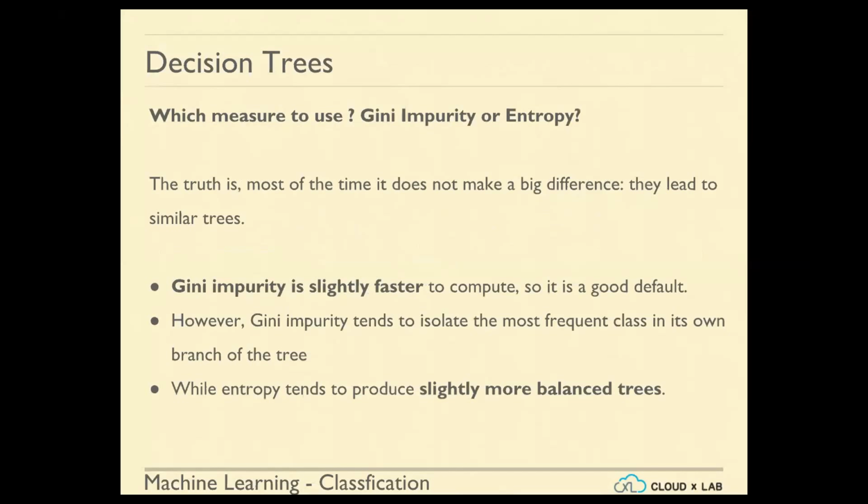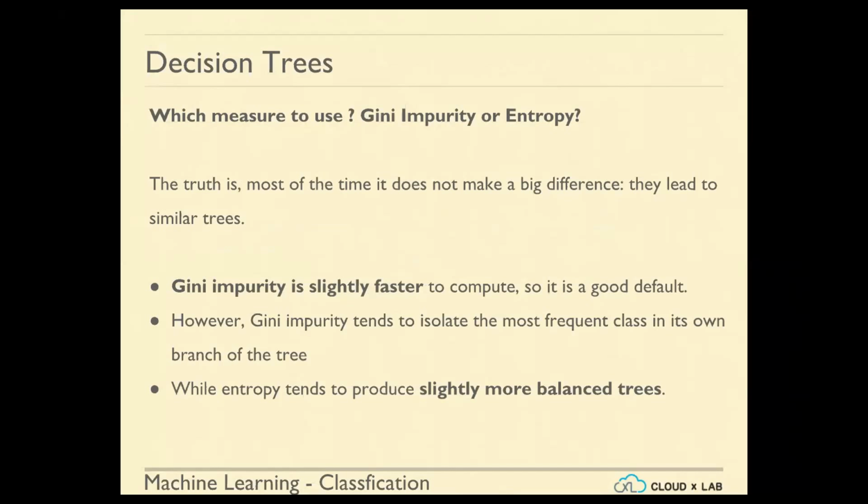A question from Noor is, can you please give an example of a situation where entropy would be a better choice over Gini? All right, that'll be a little harder right now. So let me think. Okay.